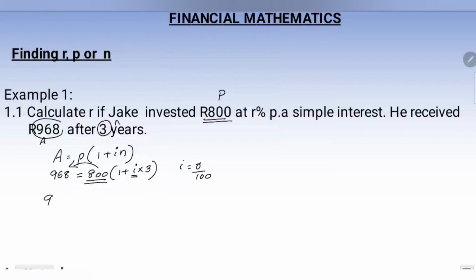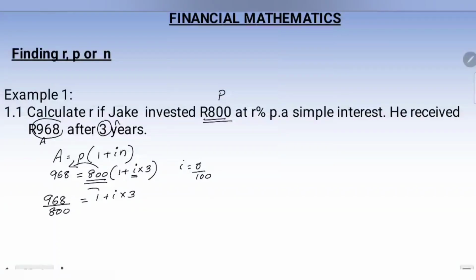That is 968 divided by 800 is equal to 1 plus I times 3. Now you don't need to put the bracket. That bracket is there because of 800. Now 800 is gone. So just write 1 plus I times 3. Next, you can find the value of 968 over 800 or just leave it like that.